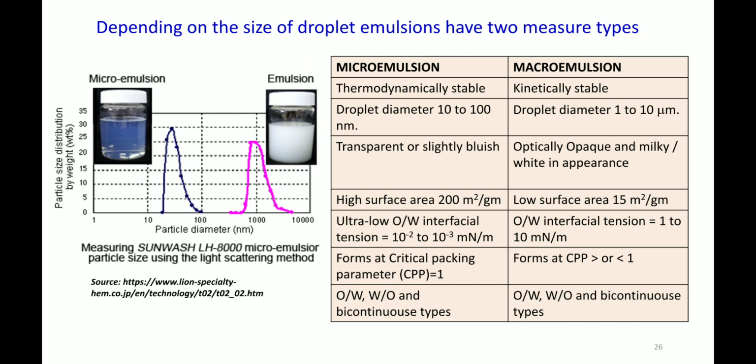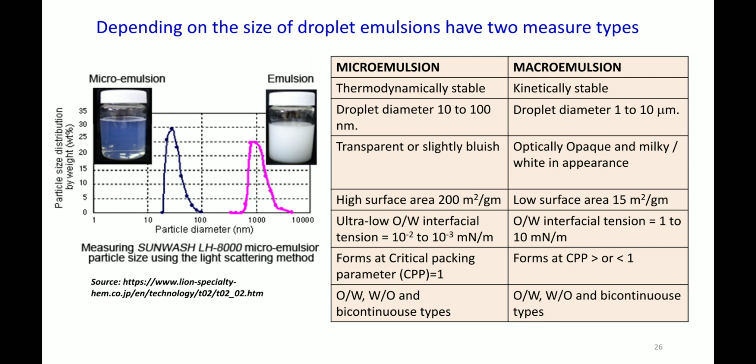Whereas in macro emulsion, the oil to water interfacial tension is 1 to 10 millinewton per meter. This is significantly high compared to the micro emulsion, and this is the reason they are not that stable, because the interfacial tension is very high.